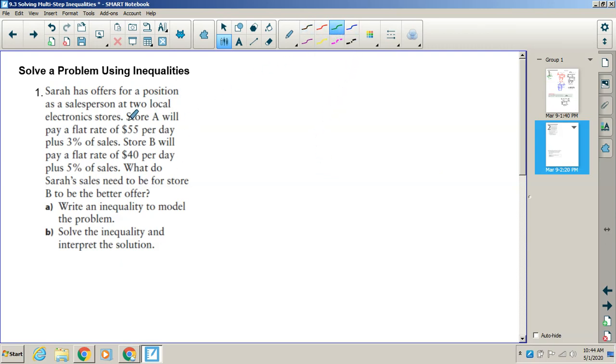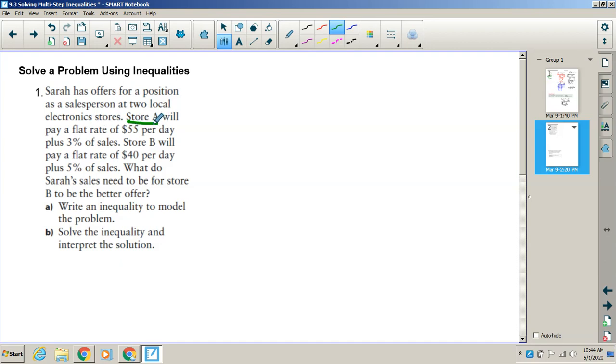And if we look at this example here, we've got a young lady named Sarah. She has 2 job offers. She's going to be a salesperson in 2 electronics stores. Store A will pay a flat rate of $55 per day.